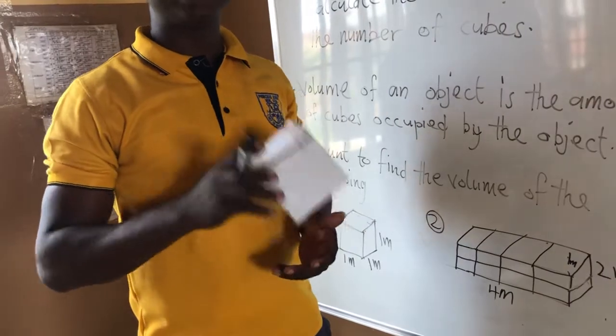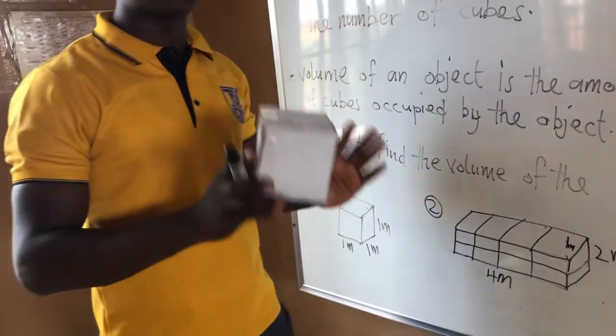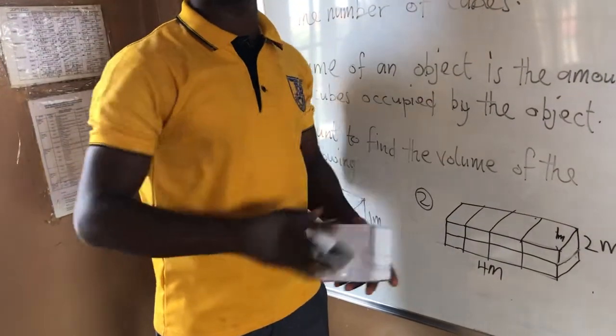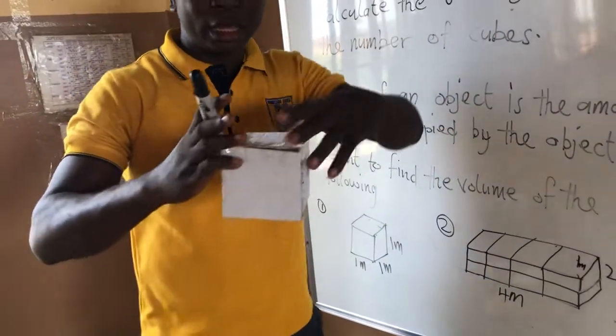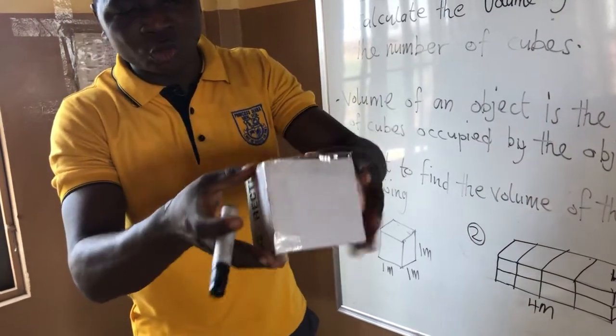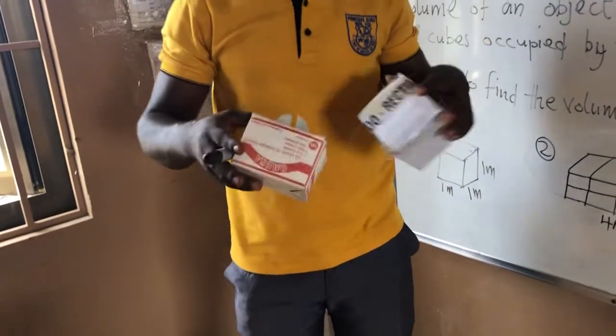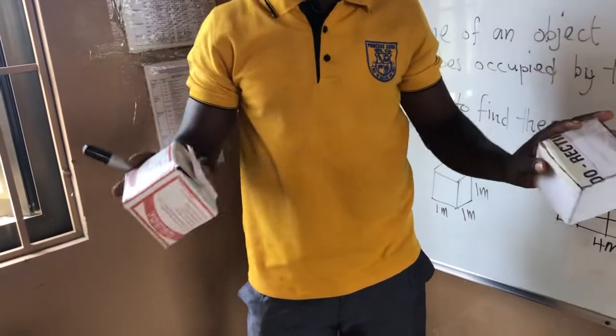Previously, we learned that area is the number of squares that covers a surface. But this one, we are finding the number of cubes that will be inside this box. The box can be anything at all, any container at all.